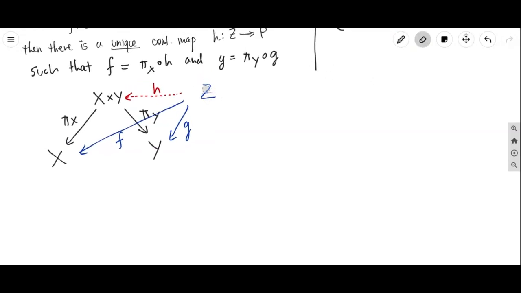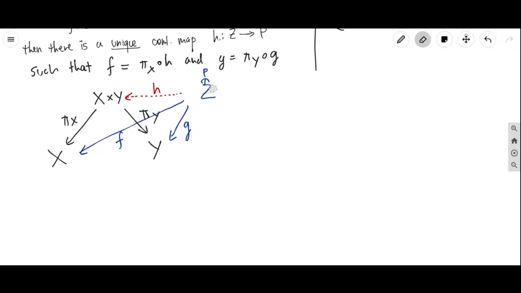Let's say you pick an element in Z. Let's call that P. You pick an element in Z, and you have to be able to define where P goes to, right? So we're trying to show how this H is being created, and furthermore, that it can only be done in a unique way.